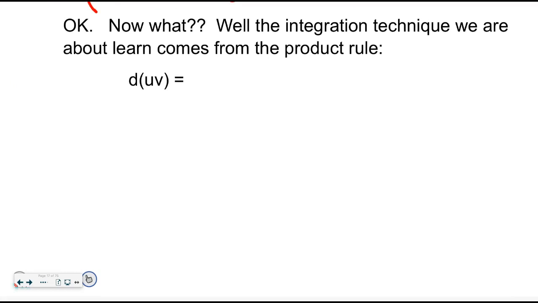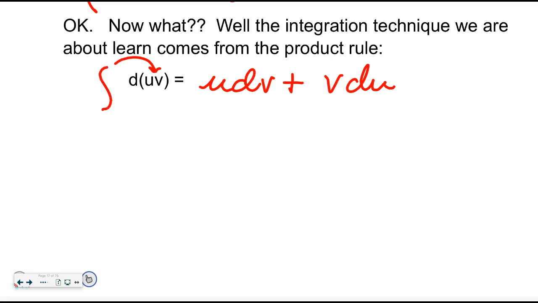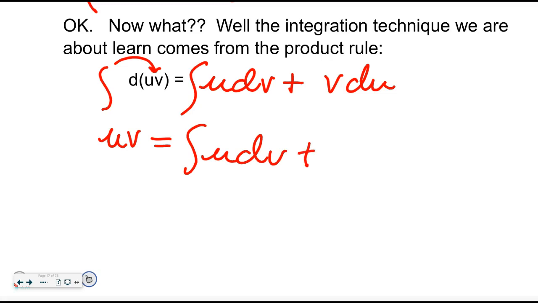You might not understand this, but that's okay. So we're going to do it really quick. If we take the derivative of a product and use the product rule, we get first d second plus second d first. That looks familiar, right? And if we integrate the derivative, a uv pops up, because they're inverses. It's like squaring a square root. On this side, we get u dv plus the integral of v du.